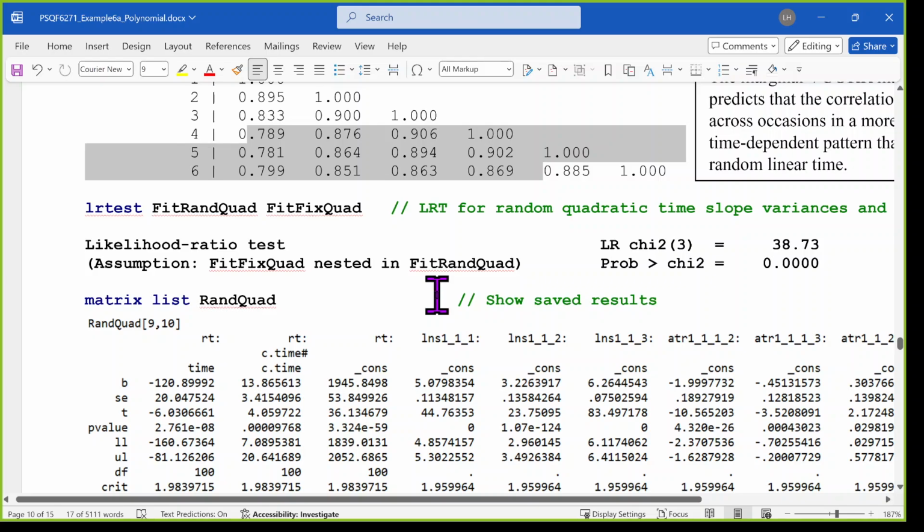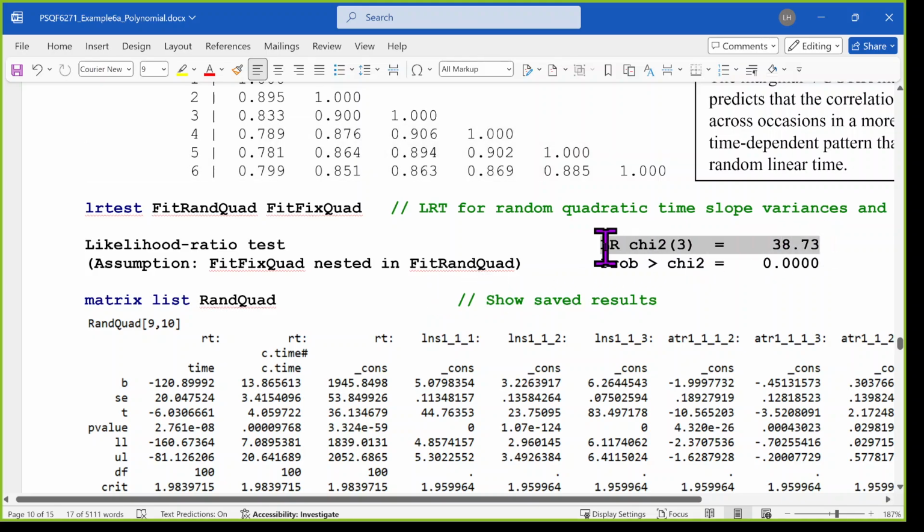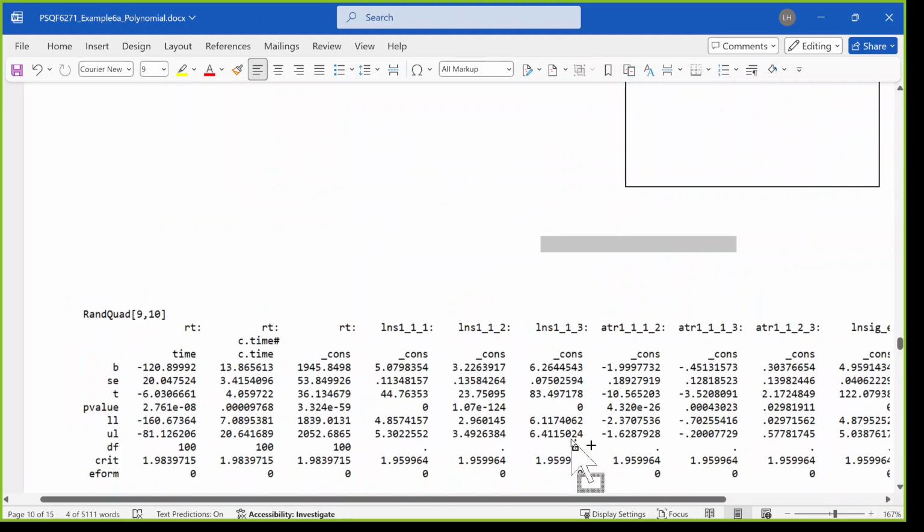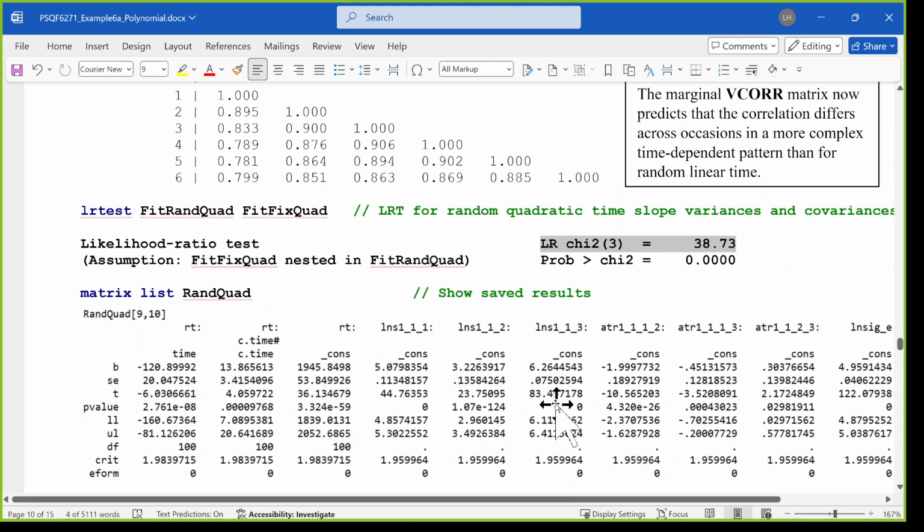Likelihood ratio test. So 3 degrees of freedom for this because we added a random quadratic slope variance and the 2 covariances with the random effects that were already there. Then I am doing some saving of stuff to compute confidence intervals because we can have one for each.